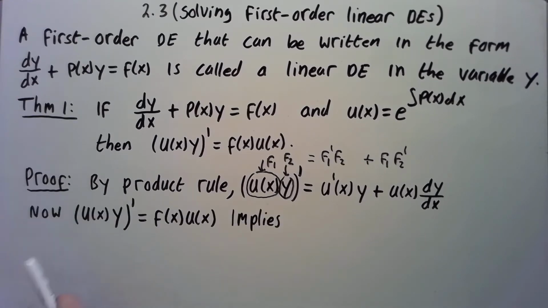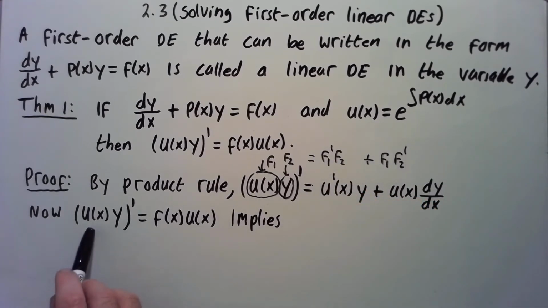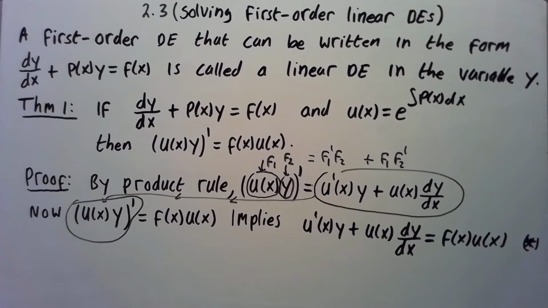Okay, so next, now u y derivative equals f times u, which implies, well, I can put this now in place of this guy here. So let's make that substitution. Okay, so I made the substitution, and I get this, which I'm going to call star.